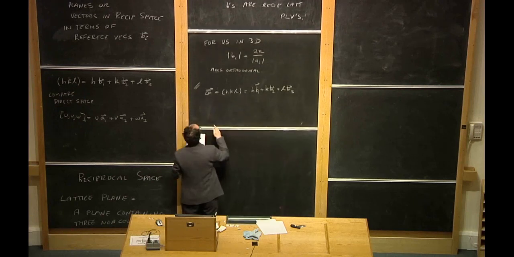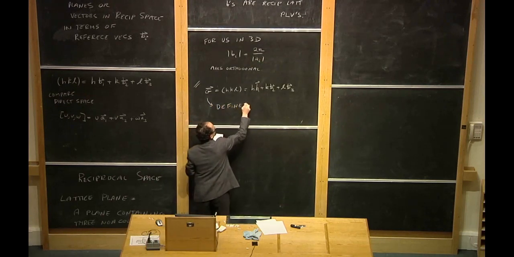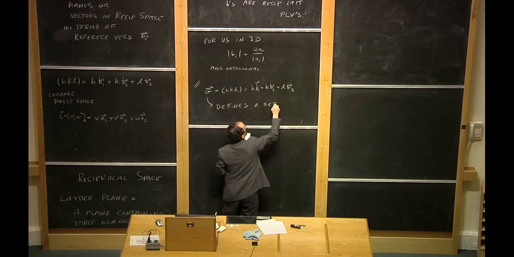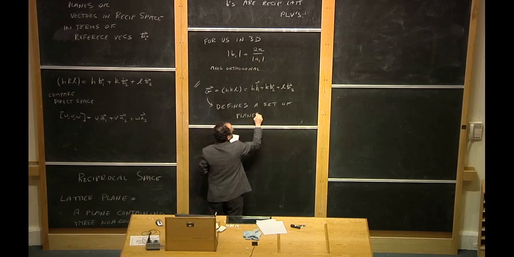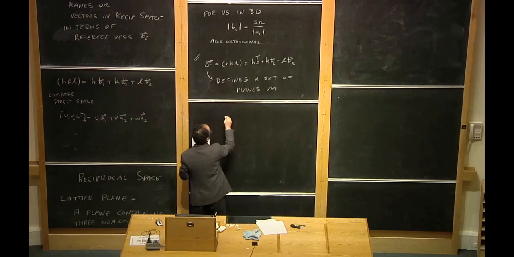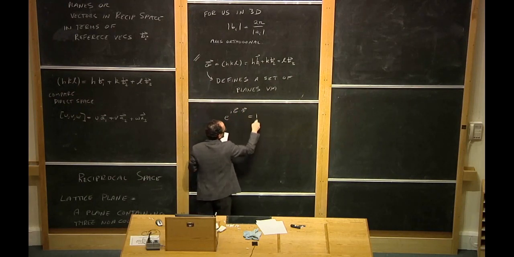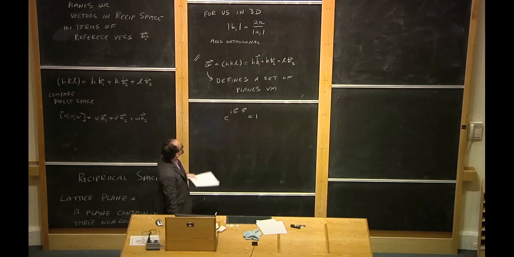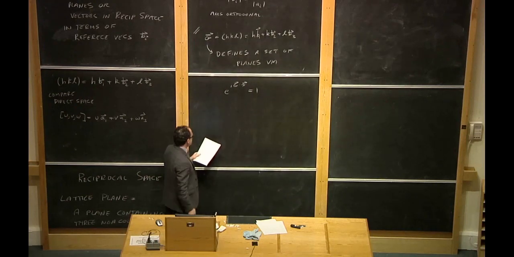But always G defines a set of planes via e to the i G dot x equals 1. So we can always define a set of planes from any vector G via e to the i G dot x equals 1.